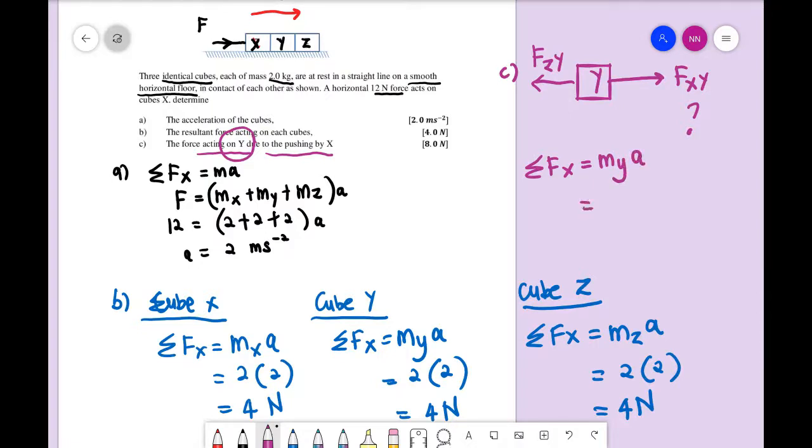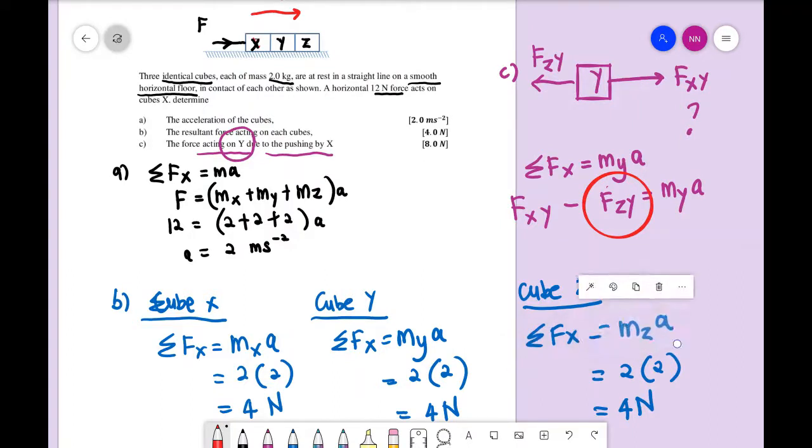So we have force on Y due to X minus force on Y due to Z equals mass Y times a. But we don't know the value of the force on Y due to Z.